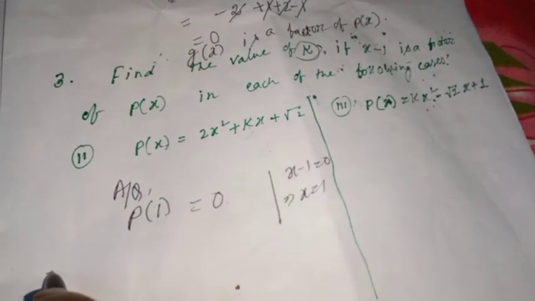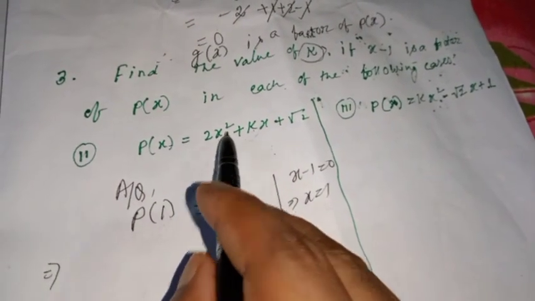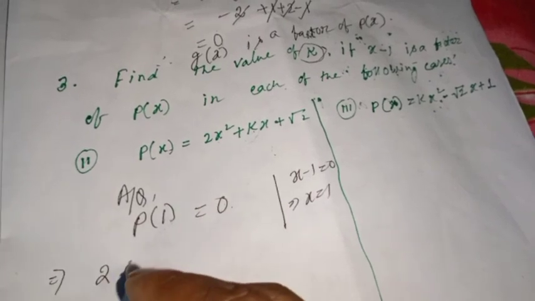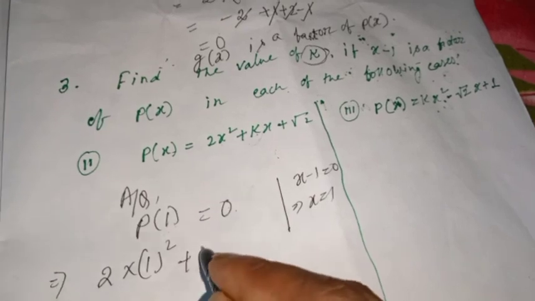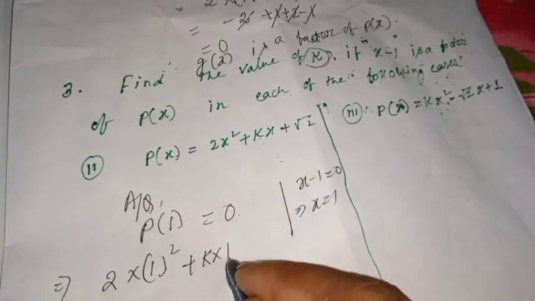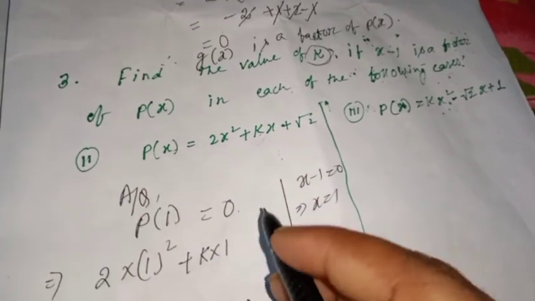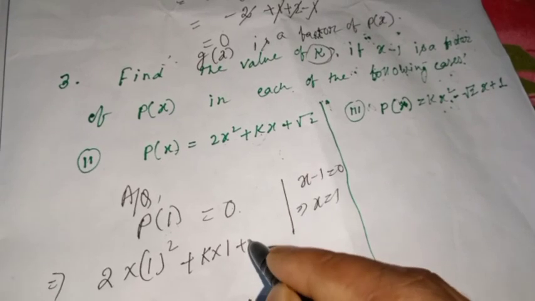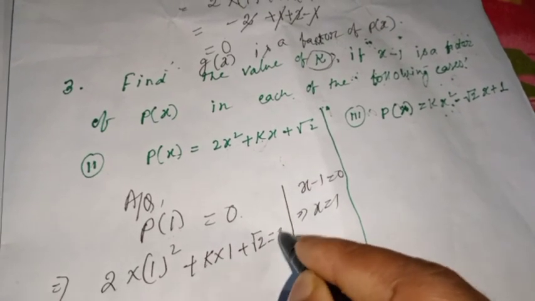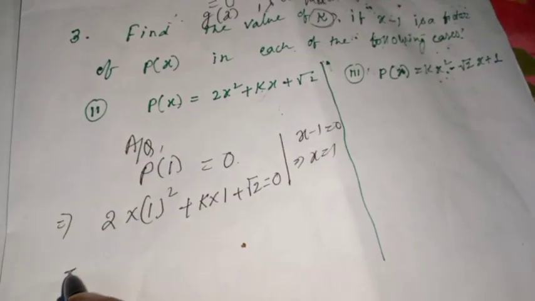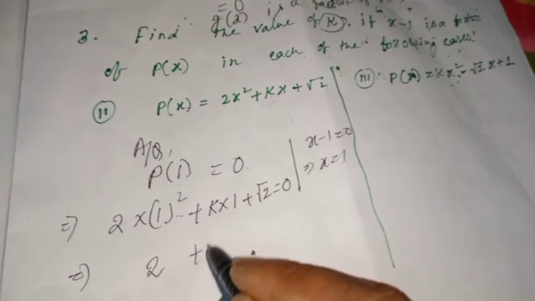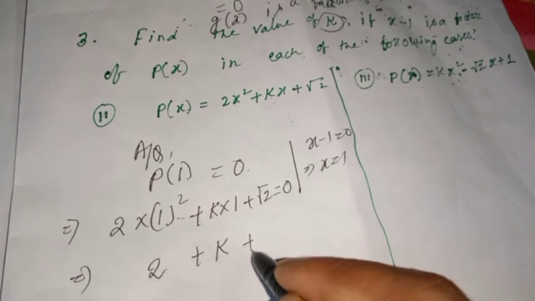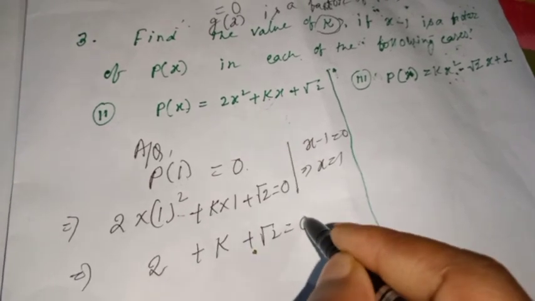Now p(1): 2 into x square means 2 into 1 square, kx means k into 1. Then plus root 2 is equal to 0. Now 1 square gives you 1, 1 into 2 is 2. k into 1 is k, plus root 2 is equal to 0.